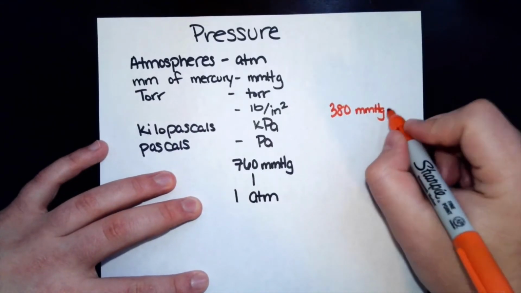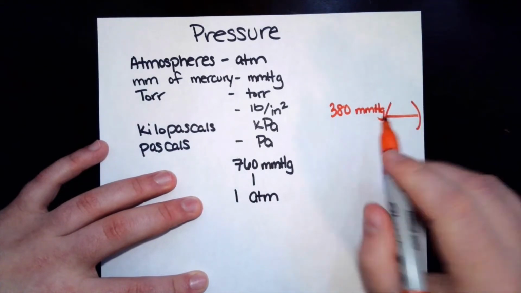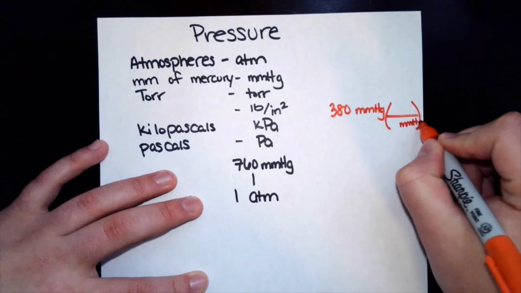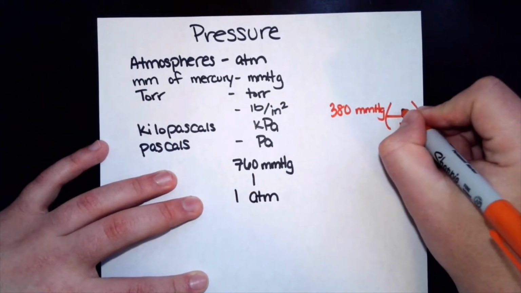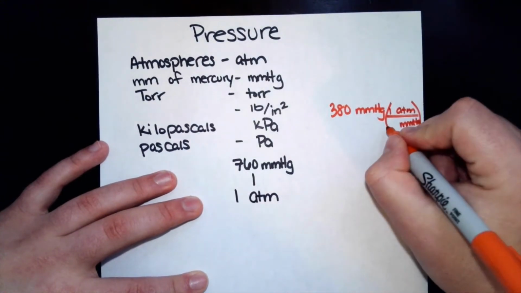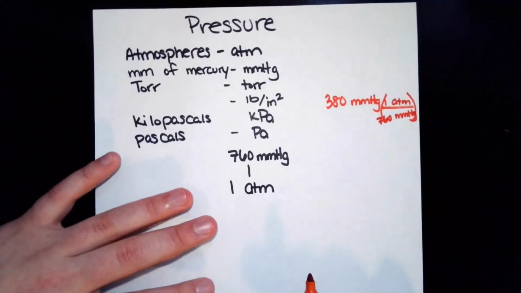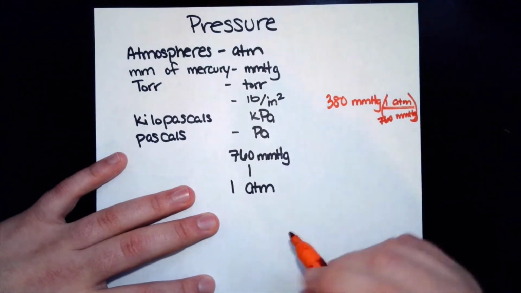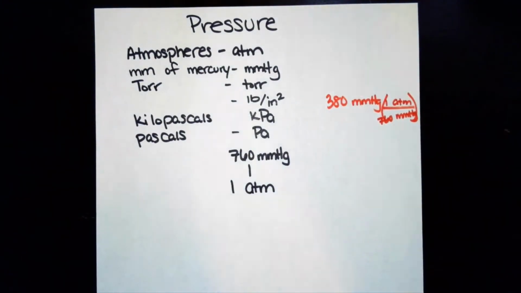You need to cancel out the unit of millimeters of mercury, so you put millimeters of mercury in the bottom so that the units cancel out, and atmospheres goes on top. And you've got 1 atmosphere for 760 millimeters of mercury, so you would just do 380 divided by 760, which would give you 0.5 atmospheres. So again, all of these can be used as conversion factors.